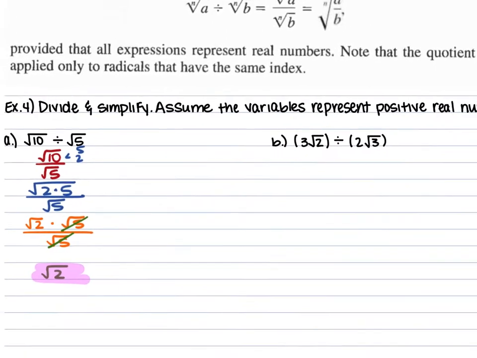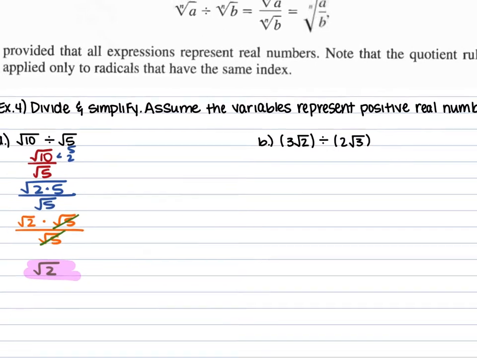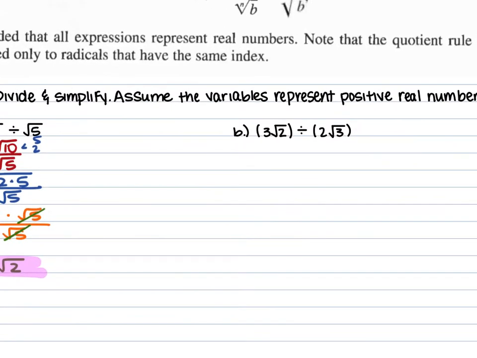For example B, we have 3 square root 2 divided by 2 square root 3. So this one we're going to rewrite just as a fraction, so we have 3 square root 2 over 2 square root 3. We're going to multiply the top and the bottom by the square root of 3. So we're going to get 3 square root 2 times 3 all over 2 square root 3 times 3.